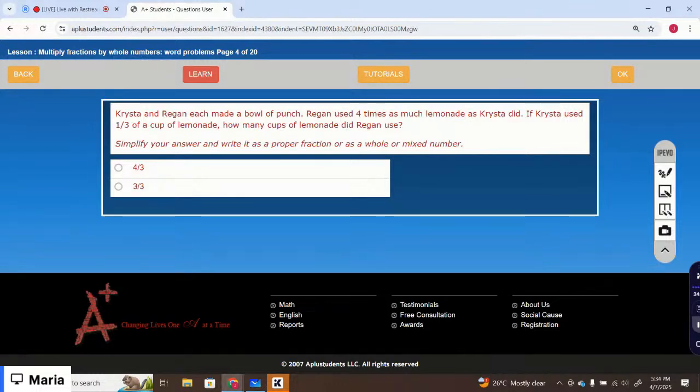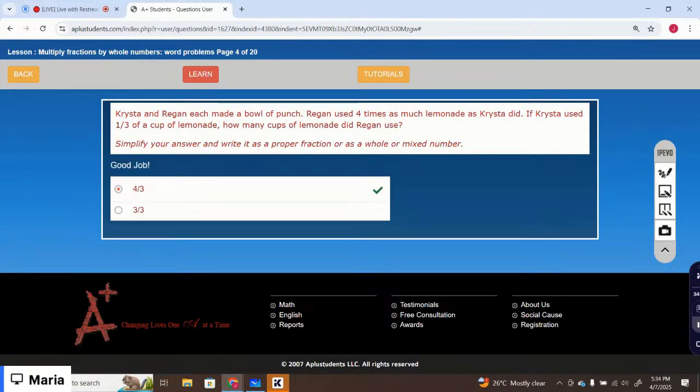So, you have to do 1 by 3 times 4, that is 4 over 3. Option number one is the correct option.